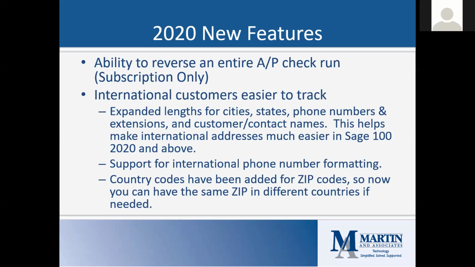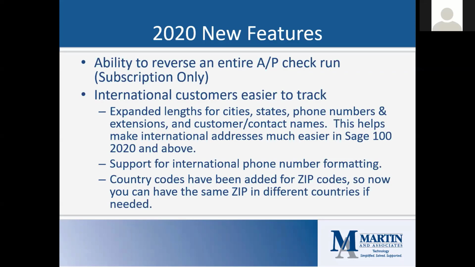Okay, so let's discuss some of the new 2020 features first. You're going to see in this presentation that some of these features are marked as subscription only. What that means is there's a difference between the Sage 100 subscription licensing and the Sage 100 perpetual license.